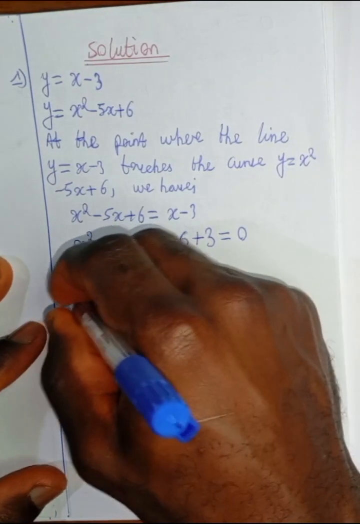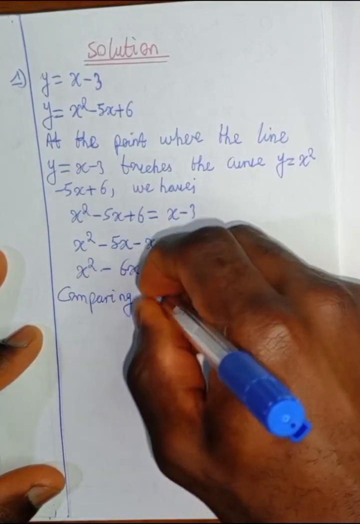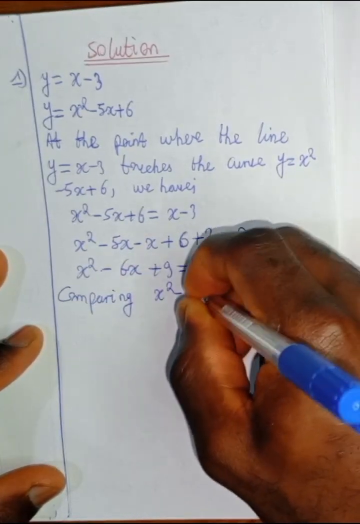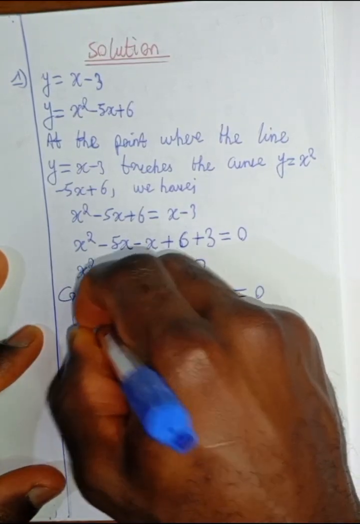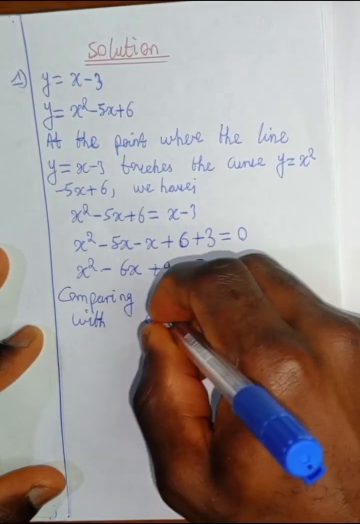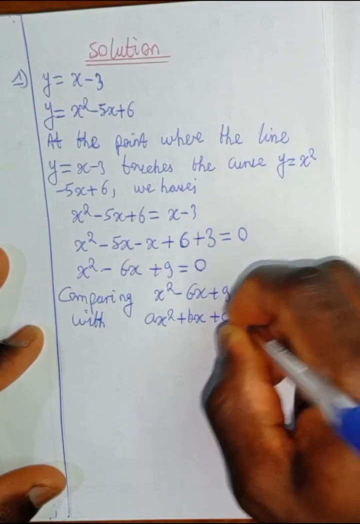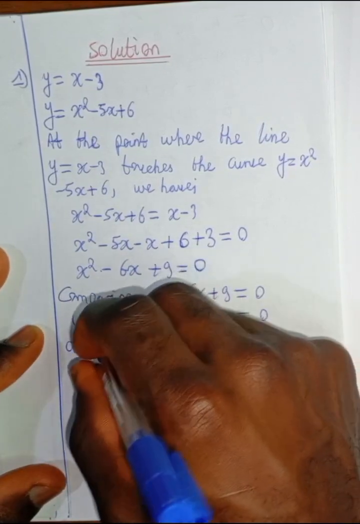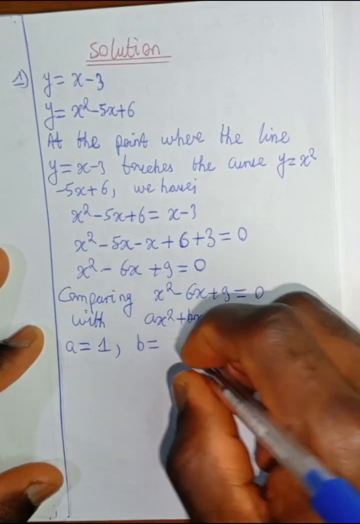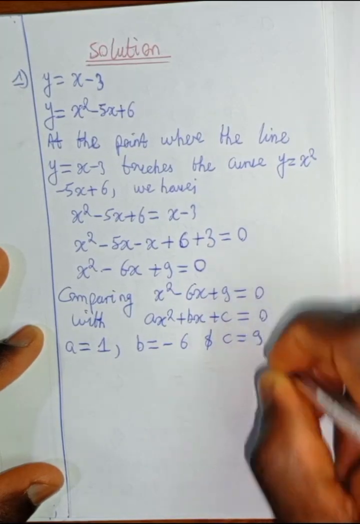So we take, comparing x squared minus 6x plus 9 equal to 0 with the general form of the quadratic equation ax squared plus bx plus c equal to 0, we have our a to be 1, our b to be negative 6, and our c to be 9.